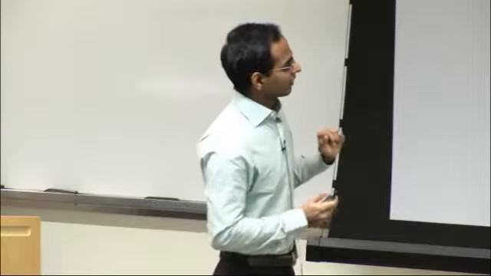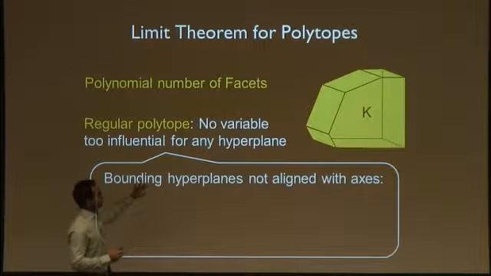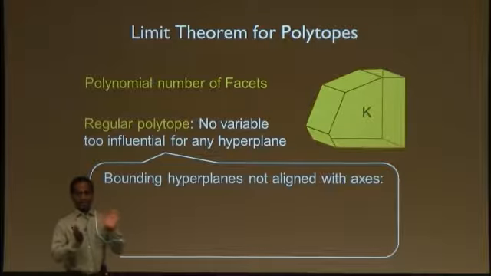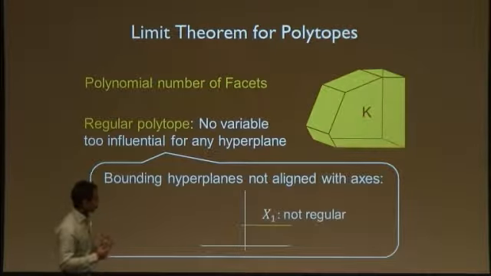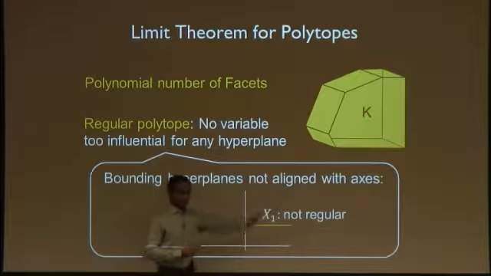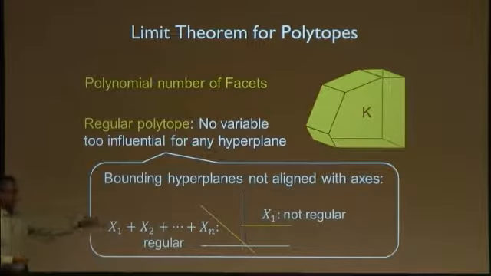Let me explain this. Geometrically, this says that none of the bounding hyperplanes of the polytope are aligned with the coordinate axis vectors. For example, the hyperplane x1 will not be regular, and the hyperplane x1 plus the sum of all the xi's is a regular hyperplane.